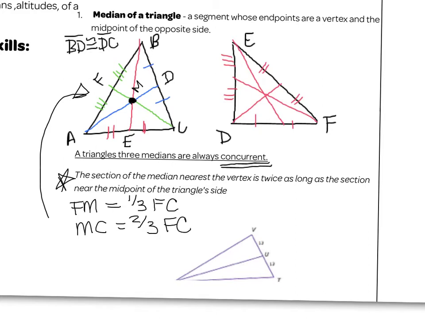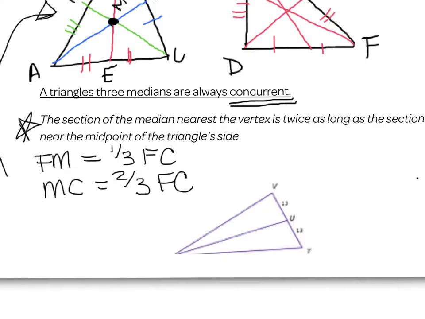And that is pretty darn cool. This example at the bottom is just one for you to draw. We'll have this be triangle VT, let's name it S. And this is an example of a median because it's going from the vertex across to the opposite side, and seeing that these two segments are 13, we could write that segment VU is congruent to segment UT.